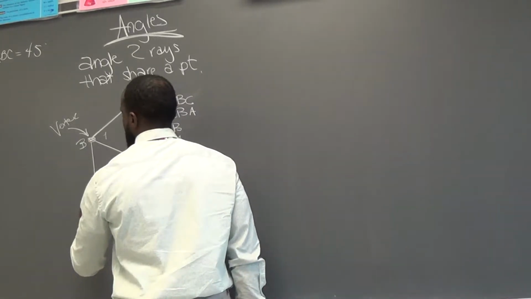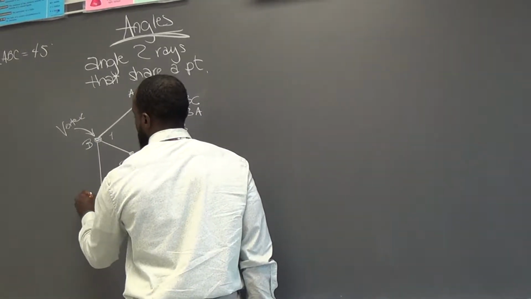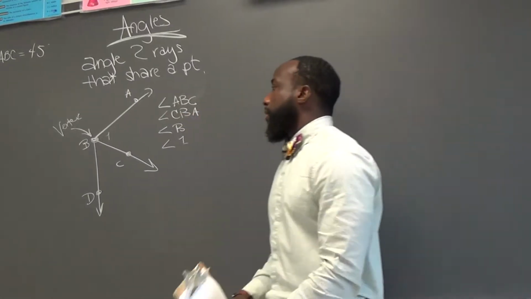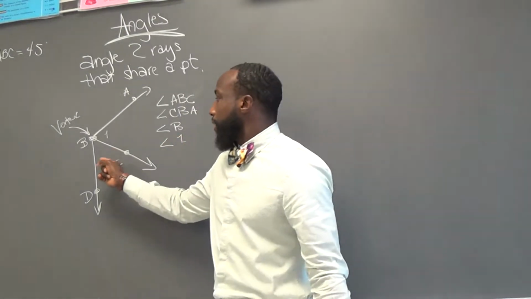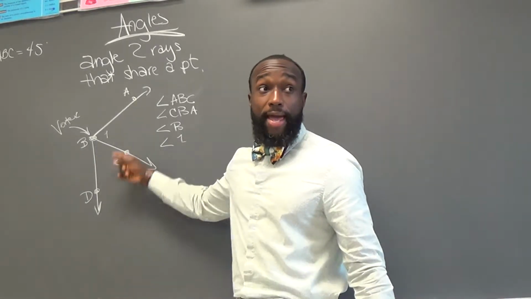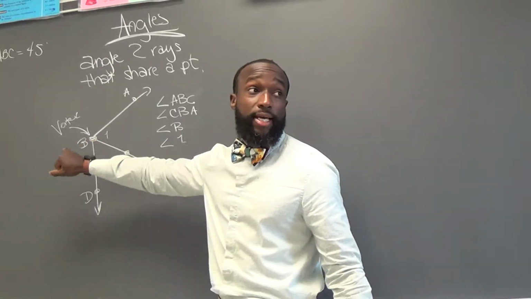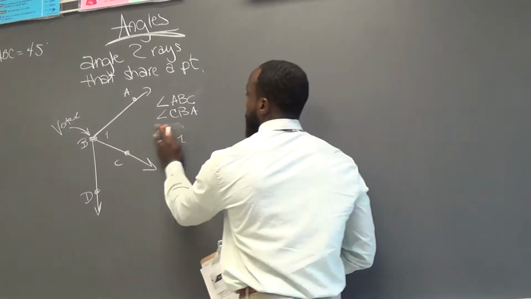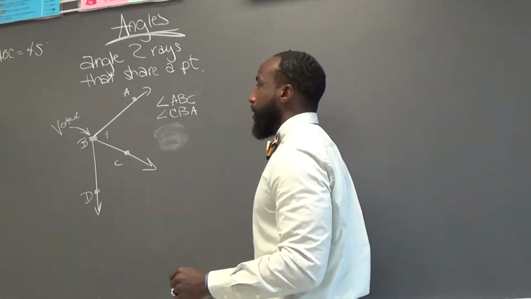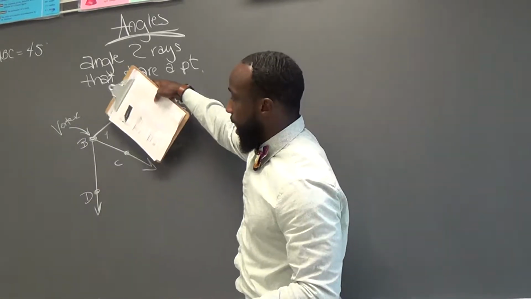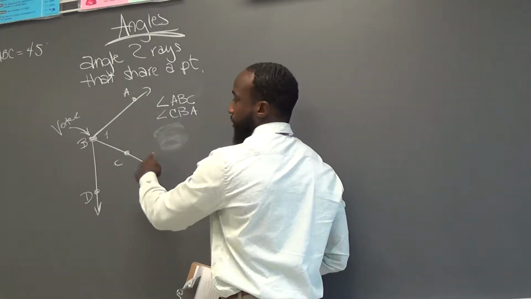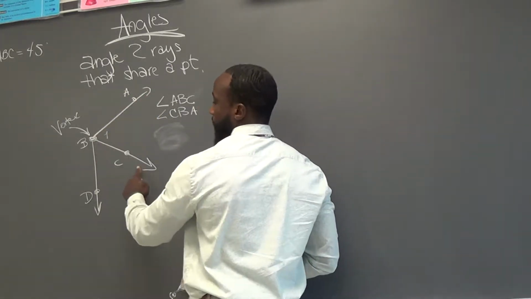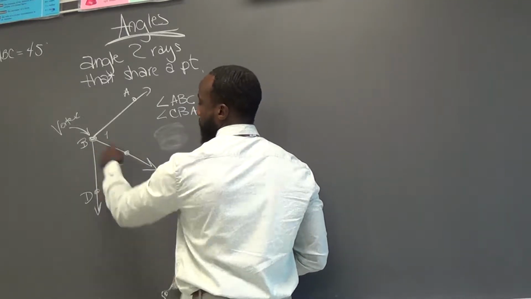So for instance, if I had a third point and I labeled this D, no longer could you name it just angle B, because two different angles share this same vertex. So you would have to name these angles here, and then this big angle.